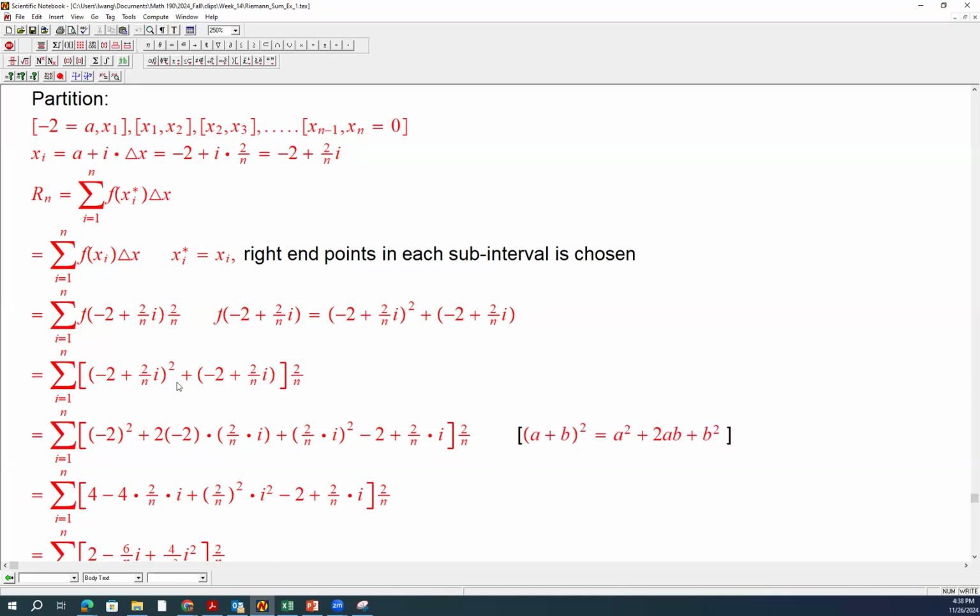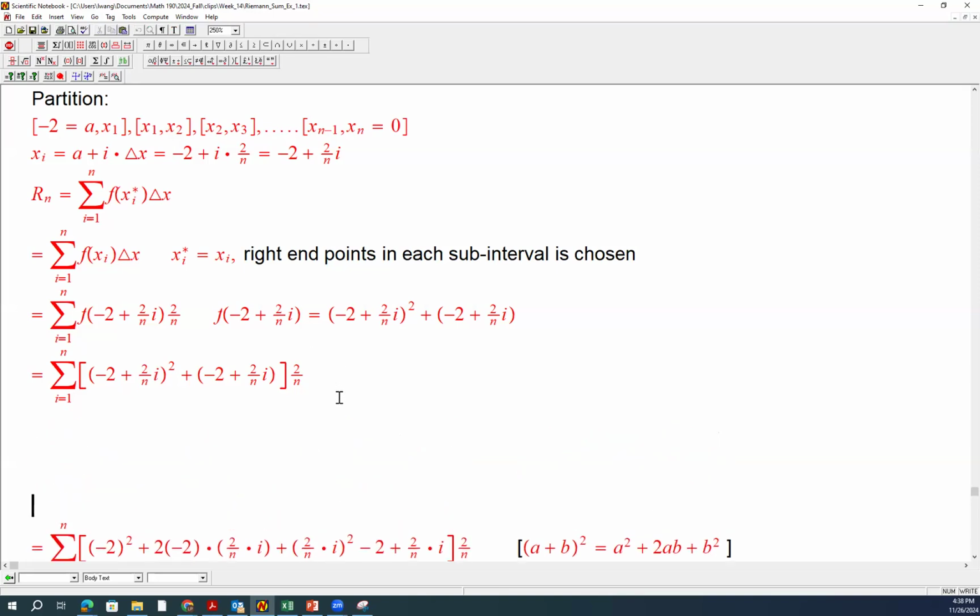And then we're going to work on this part. How do we work on this part? It's (a plus b) squared. What is a? You can treat this as a and this as b. So a plus b squared. Let me put a piece of scratch paper right here for you, and you watch me substitute this in place.